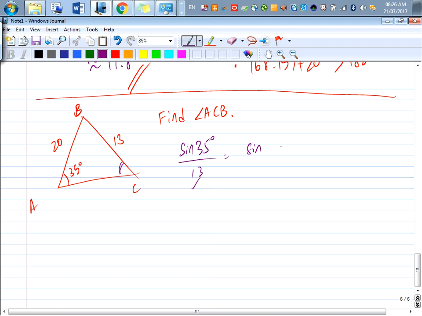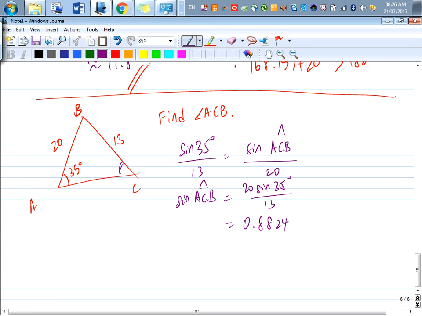Equals to sine? 20, yes. So sine ACB must be equals to 20 sine 35 degrees over 13. Answer: 0.88242. Okay? Then, what should we do?